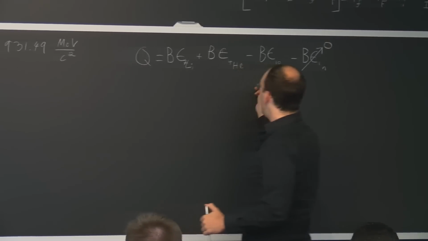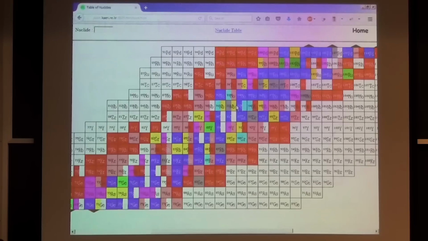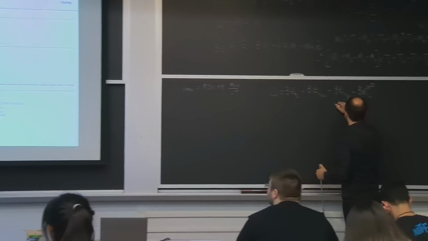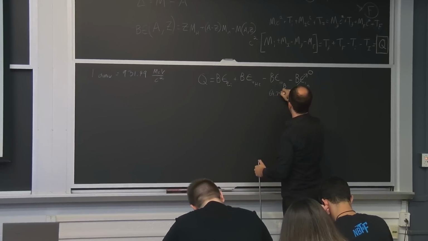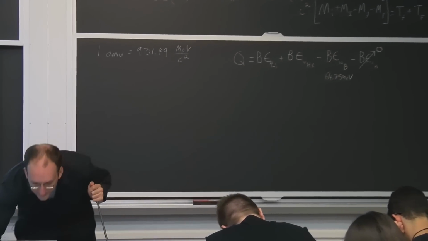And we can just use the table of nuclides to look up the other three. Luckily, I've got it live over here. So let's just punch these in. We'll have boron 10, and our binding energy right here is 64.75 MeV. Let's look up helium 4.